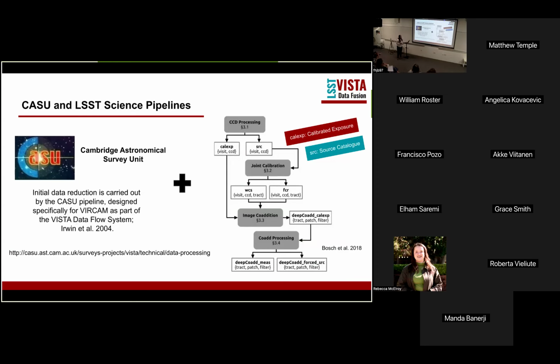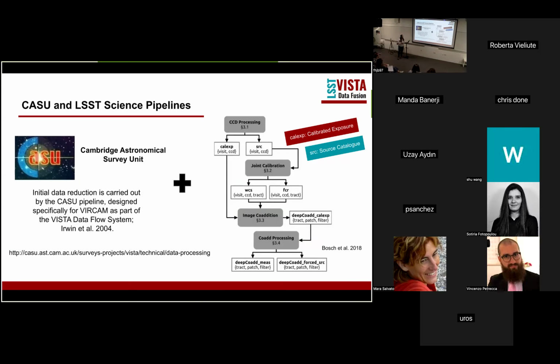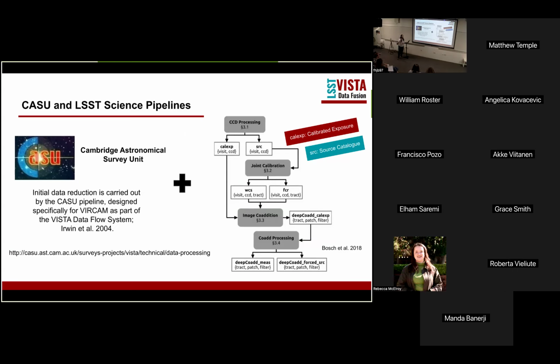As you know, the LSST Science Pipelines are very nice pipelines for using the raw data from Rubin Observatory and processing all of them to create science-ready catalogs and images for all of the goals of LSST. The main point of the LSST pipelines is their adaptability and flexibility, so we can use these pipelines for other telescopes.